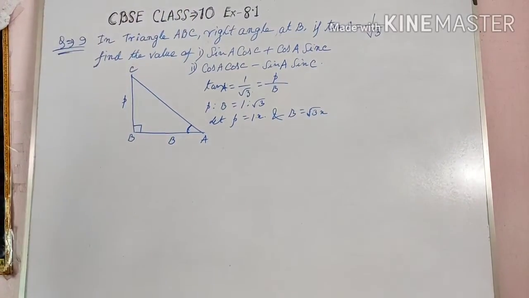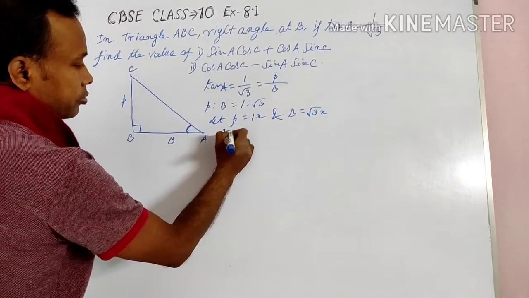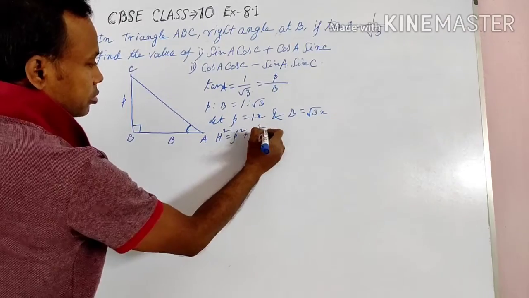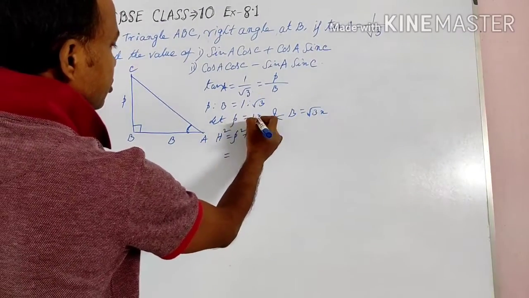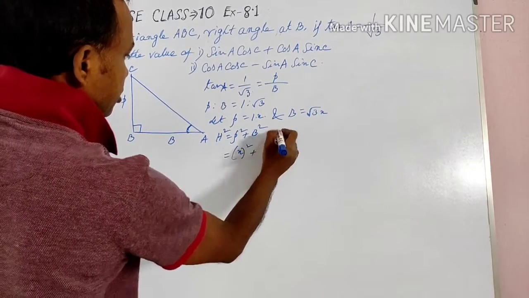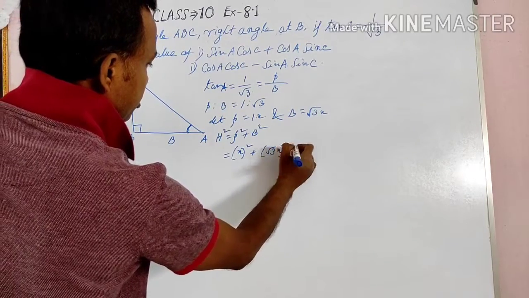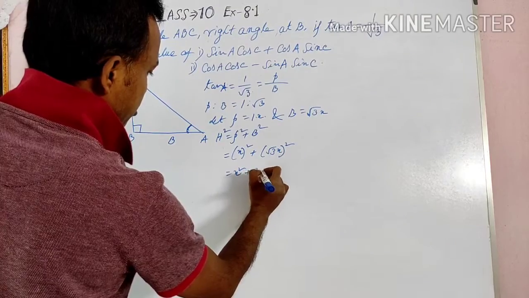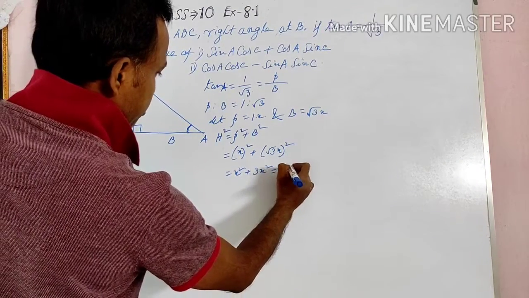According to Pythagoras theorem, we know that hypotenuse square is equal to what? Perpendicular square plus base square. So put the value. This is 1x, x square, plus base is root 3x whole square, that is 3x square, so x square plus 3x square is 4x square.